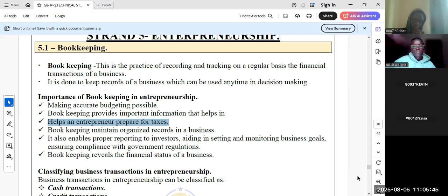Now, when you are budgeting and doing business as an entrepreneur, it will help you prepare for taxes. How? The items that are on high demand are the items that you stock in big and large quantities in your business or in your shop, as compared to items that don't have that much high demand as required by the community members. Let's break it down.